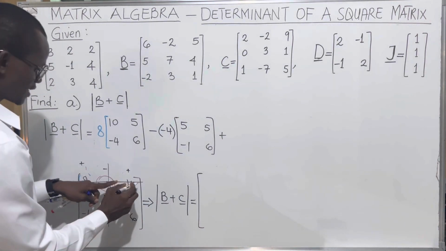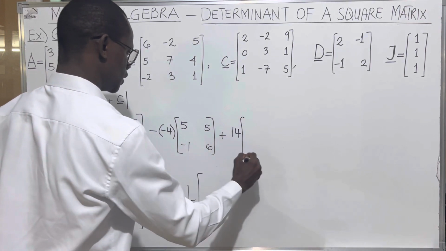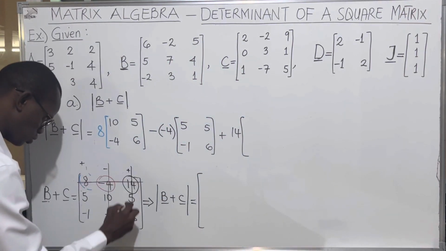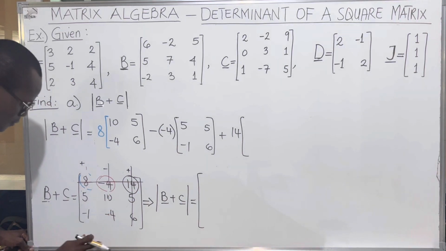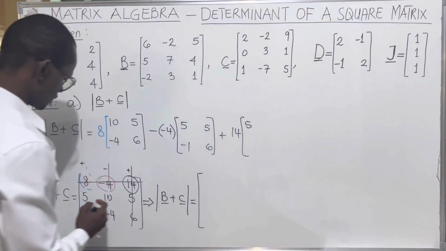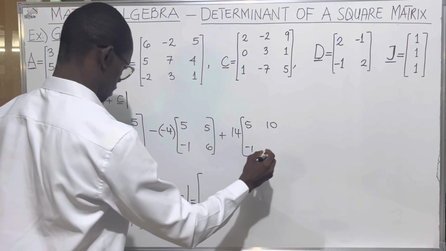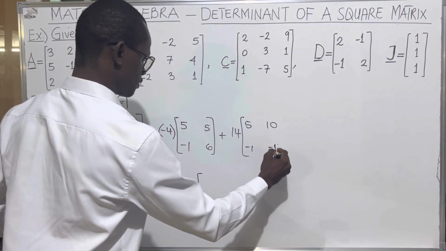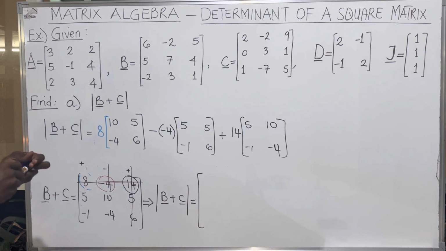Plus the last one, 14. We write 14. Then we cross out the row and the column. So the center will remain. So you just have the elements left to be 5, 10, minus 1, and minus 4. So we're done now.